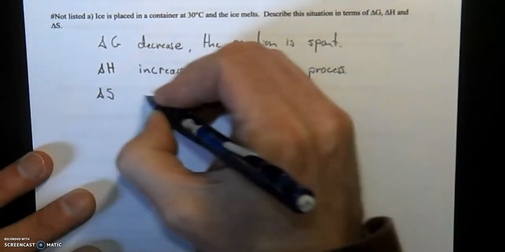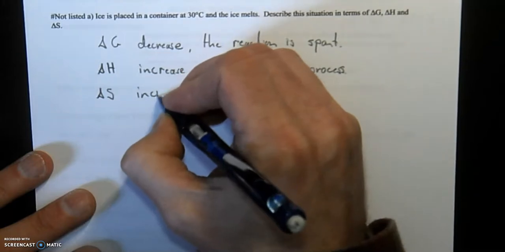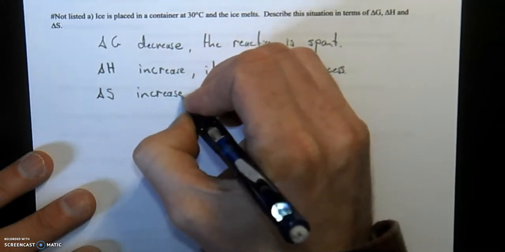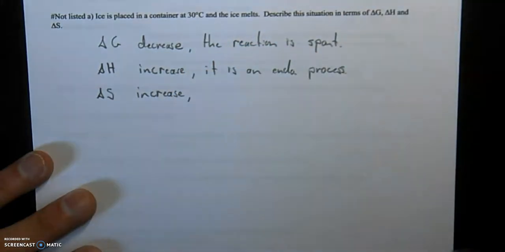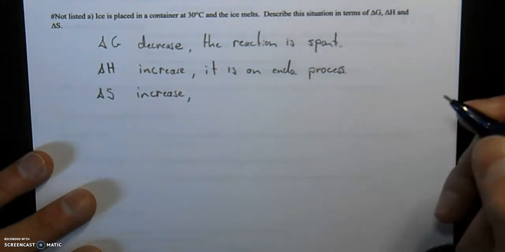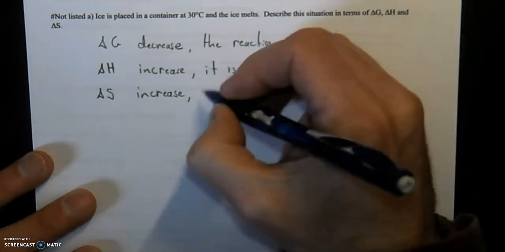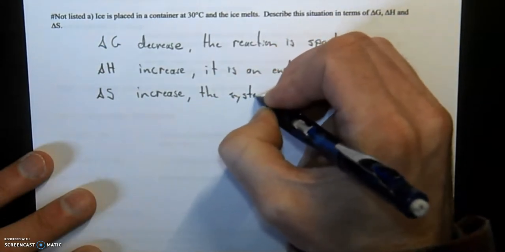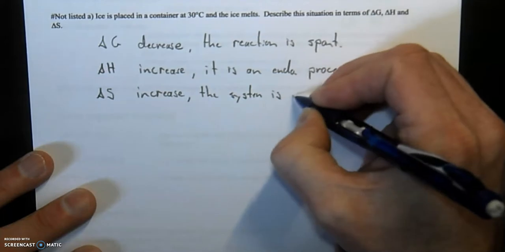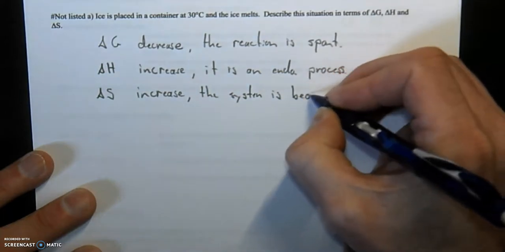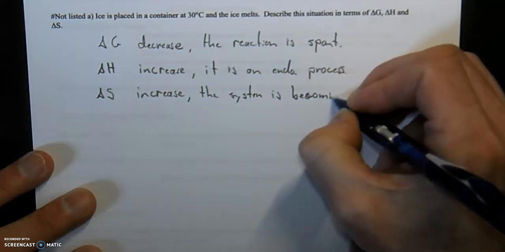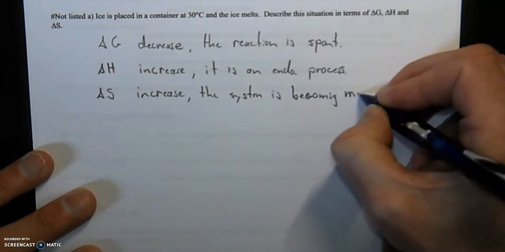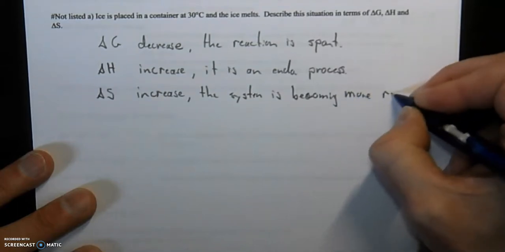Delta S, I would say, increases because you're melting ice. It's taking in more energy. It's becoming more random. So the system is becoming, that's a key word, random.